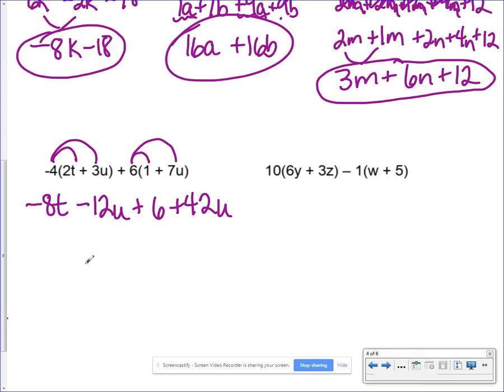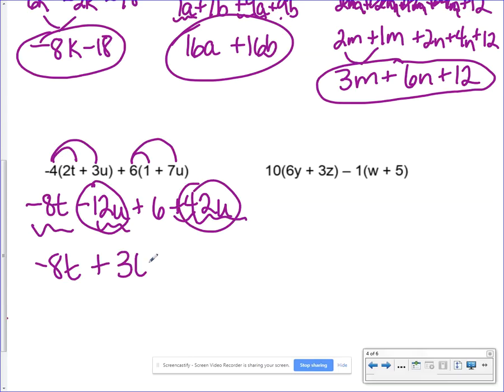Now combine those terms. So I don't have any other t's. Here's a negative 12u with a positive 42u. Combine those two together. This constant had no other like terms.